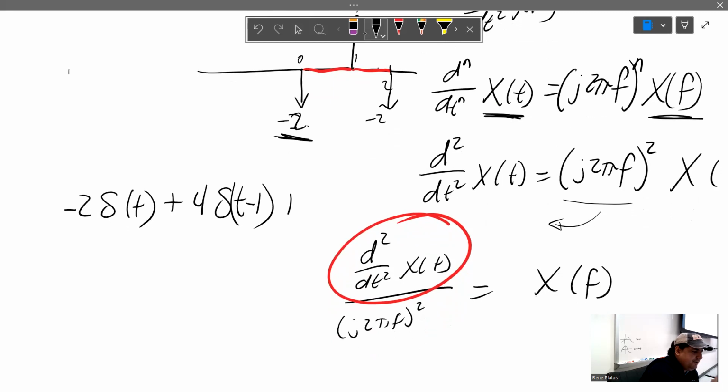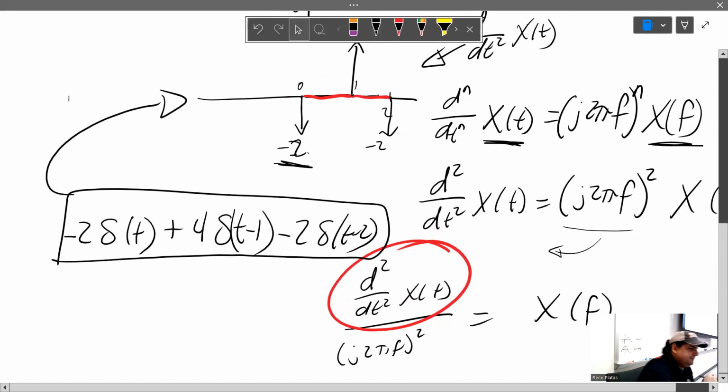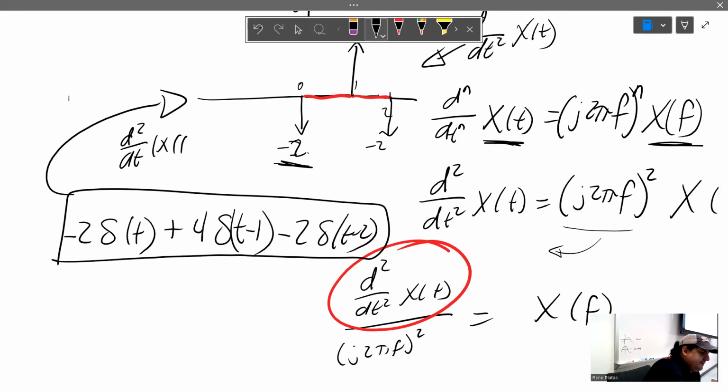And we have another pulse at 2 with an amplitude of -2, delta(t minus 2). Do you see it? The second derivative of our x(t) is equal to this: 3 pulses with 3 different amplitudes at different times.